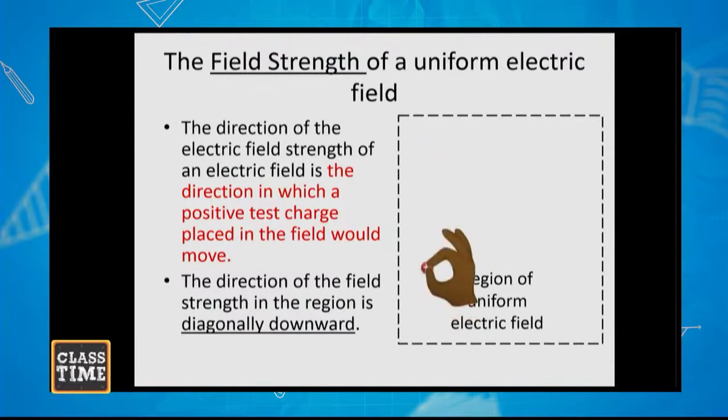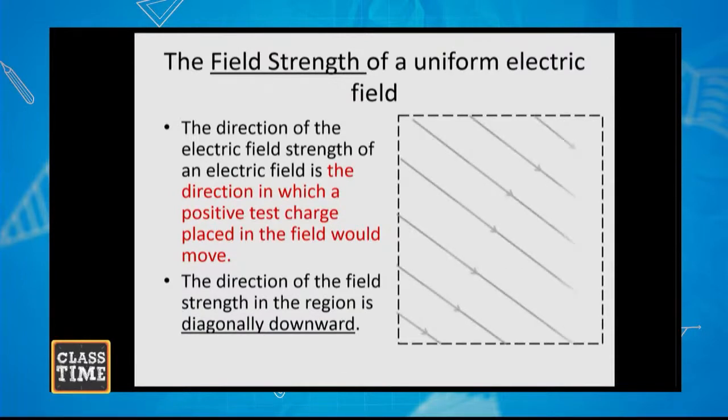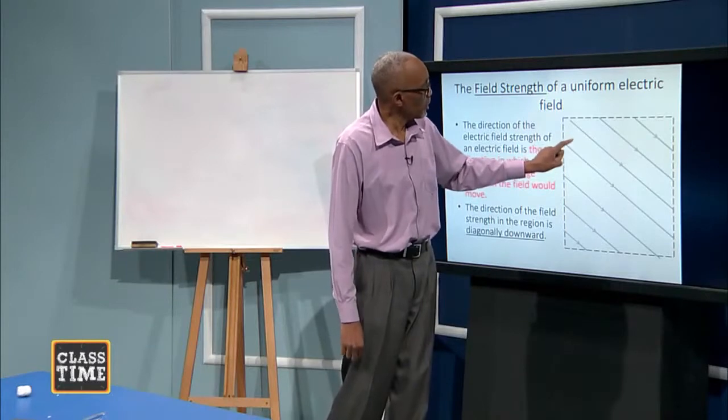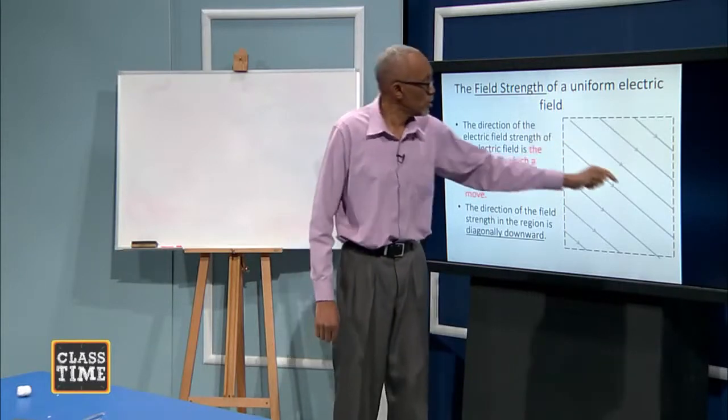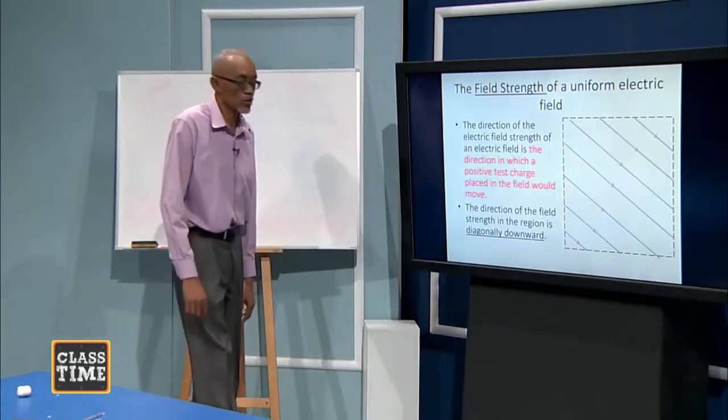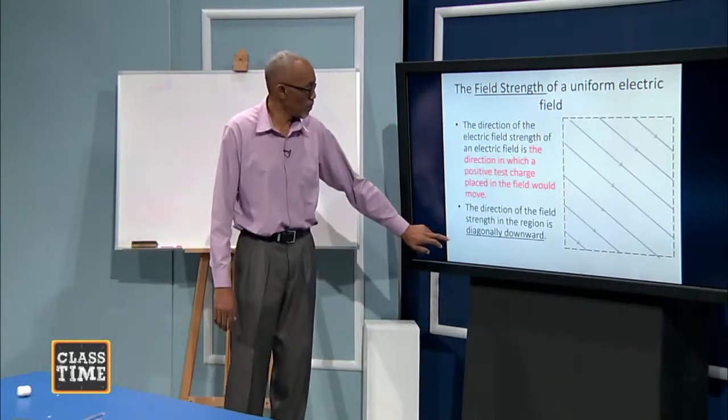Wherever we place it, we find that the test charge begins to move diagonally. And so we say that the direction of the field is diagonally downward, and we can draw our field lines downward like that. That's the direction of the electric field, because when we place the charge, it moves diagonally downwards. That tells us where our electric field is.